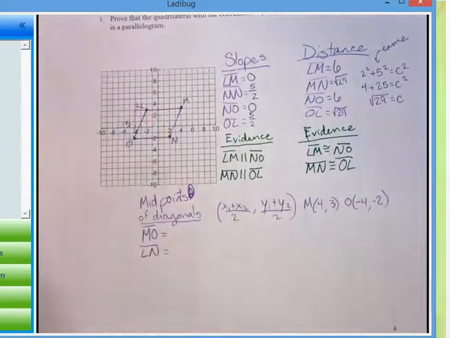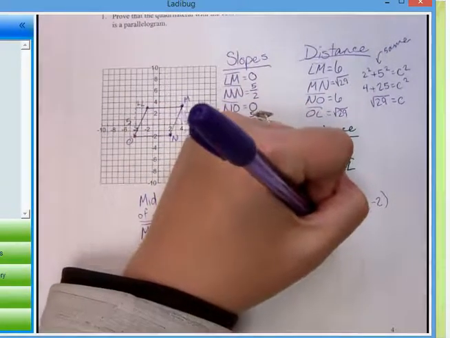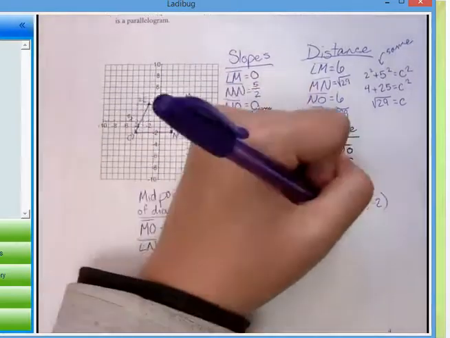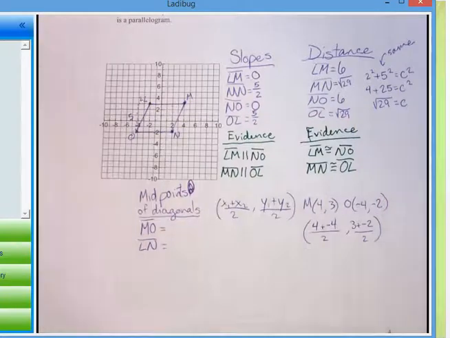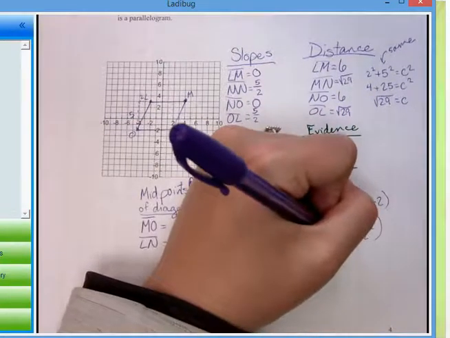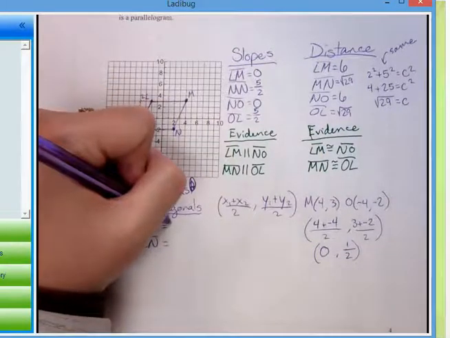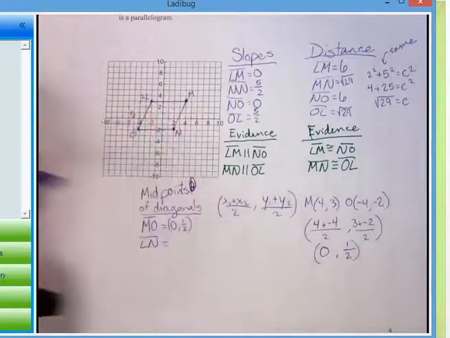So what we're going to do is we add 4 plus -4 divided by 2, and then 3 plus -2 divided by 2. Look what we have. We've got 0 and 1/2. So there is one of our midpoints. 0 and 1/2.